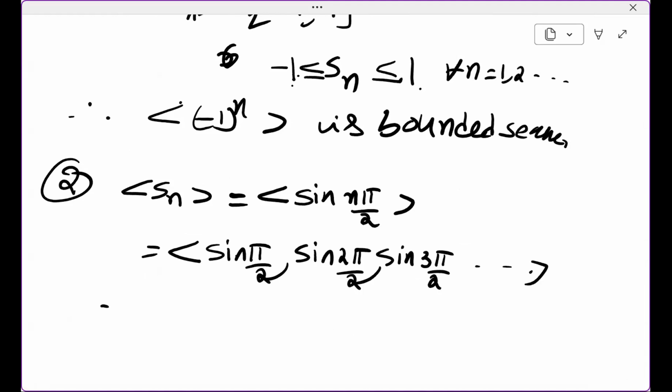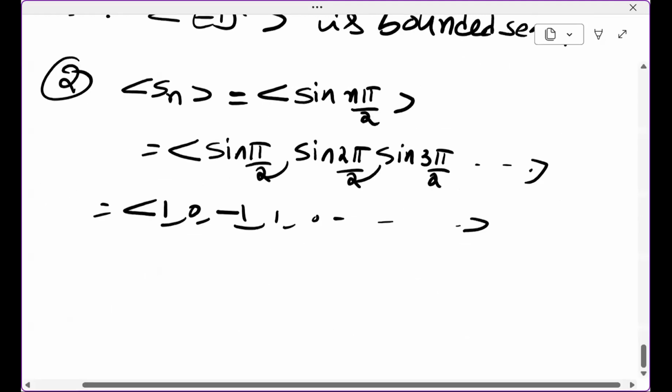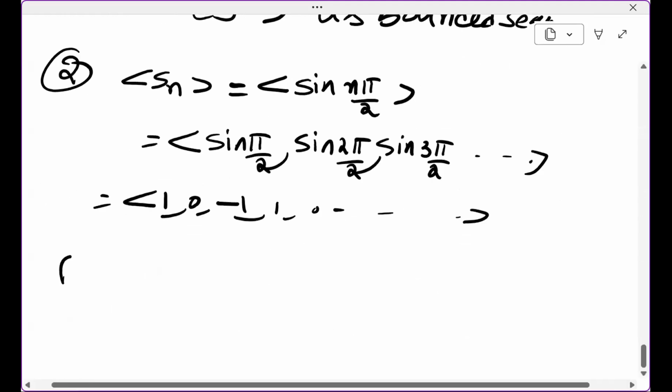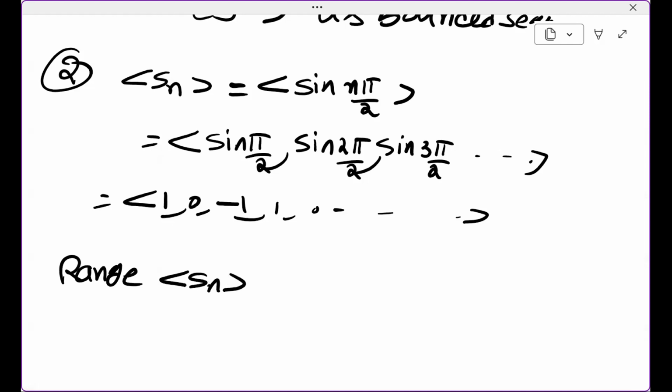So this is 1, 0, -1, 1, 0, -1, and so on. The same values will be repeated. Therefore, the distinct values it is taking are 1, 0, -1. So the range of the sequence is {1, 0, -1}. You can write -1, 0, 1 also.